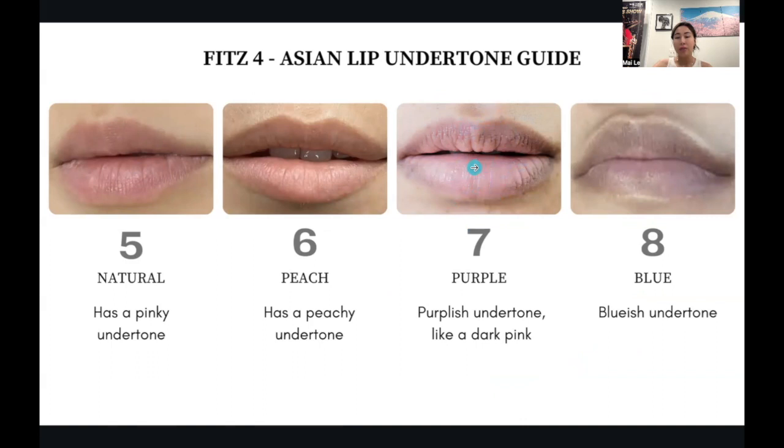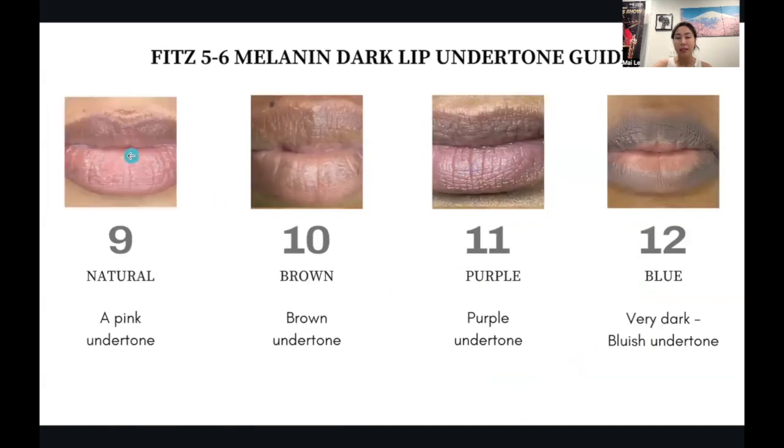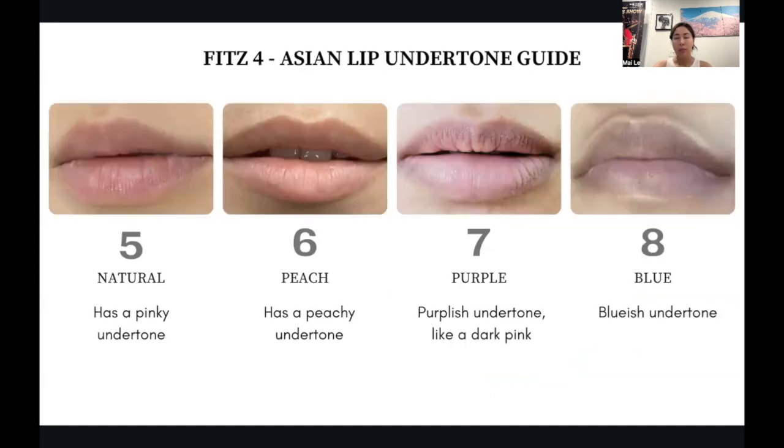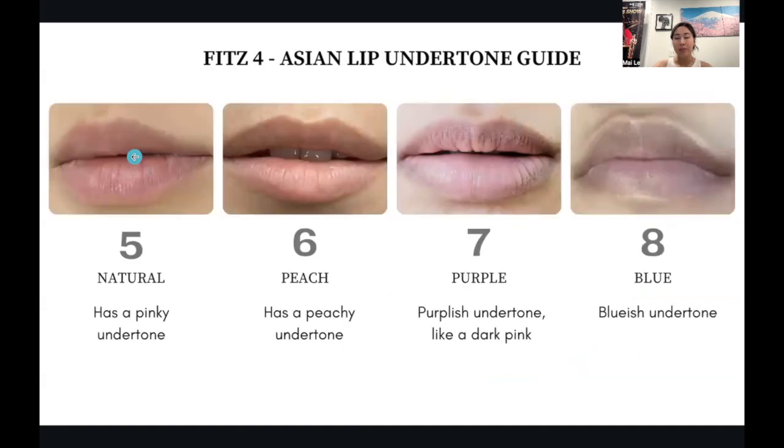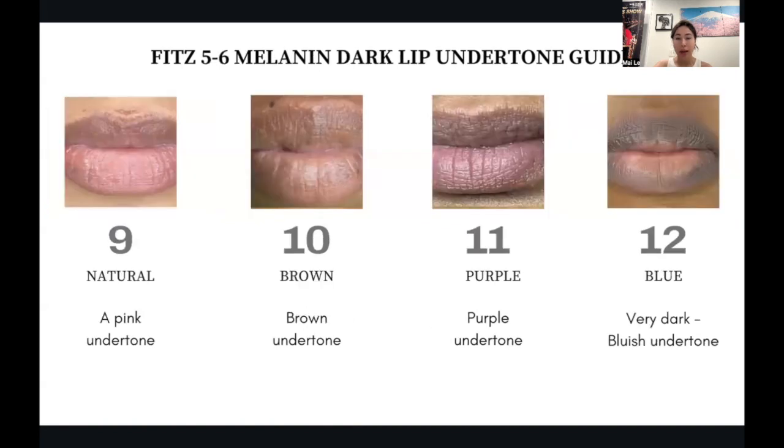Obviously, these lips have less melanin than this, right? So the more melanin they have, you need to add the white in it to help further camouflage. But if they're not as dark as this, you don't need to add the white into your neutralization, okay?